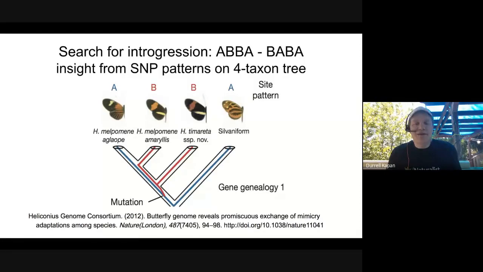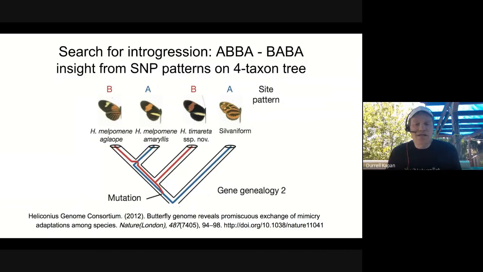And by comparing that with another possible marker mutation, we could get a different pattern, which if it was seen in excess would support the other direction of introgression, between the first taxon and the third taxon.